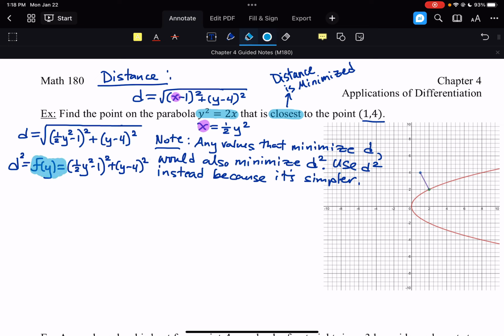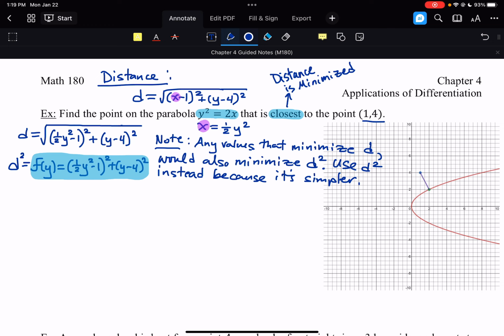This is the formula that we're going to minimize. So we can now work with this function instead, but the values we get out of it will be the same minimum values that we would get for the original.